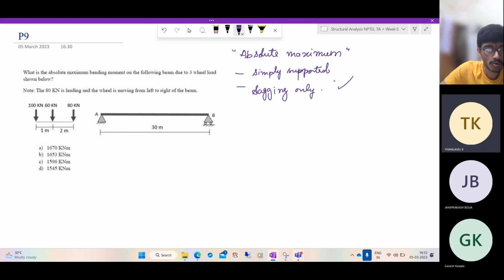What is the other thing that we know? For a simply supported beam, we can draw the influence line diagram, but ILD for bending moment at which point?